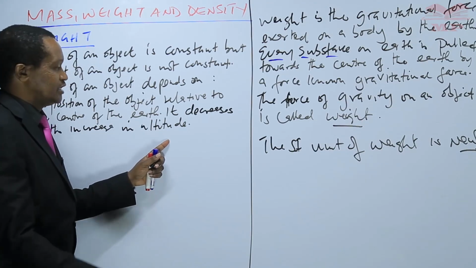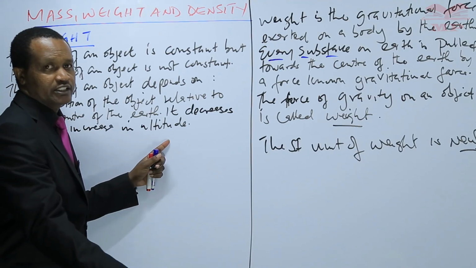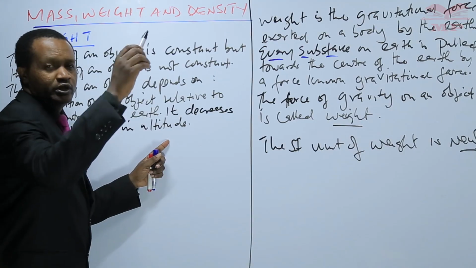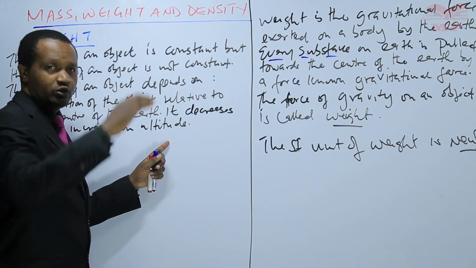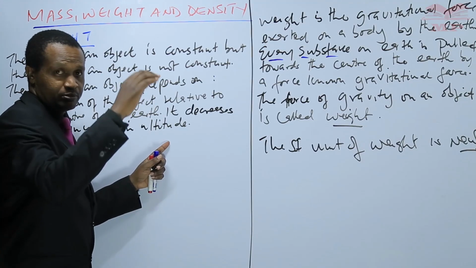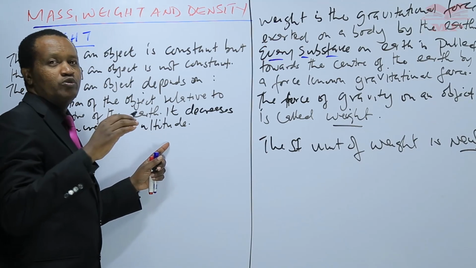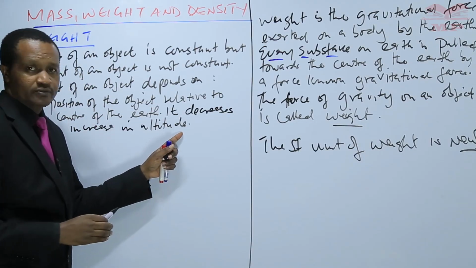I've given another example of the weight of an object at sea level or on the mountain in relation to the moon. When you move to the moon, the force, the pull towards the center of the Earth, reduces as you move far away from the center of the Earth.